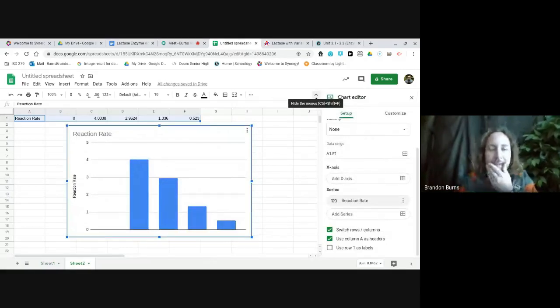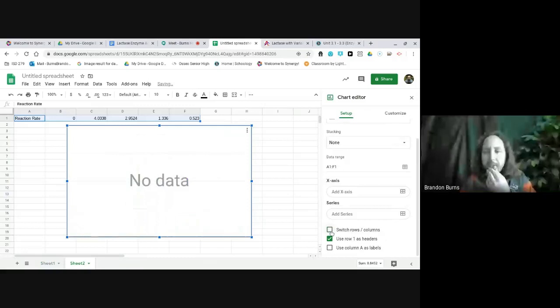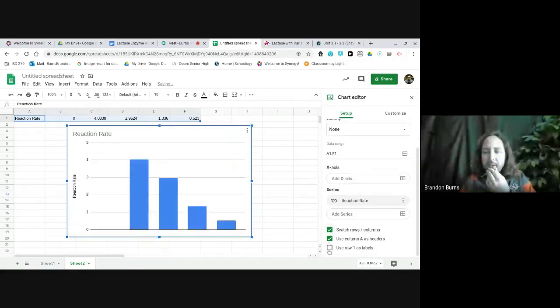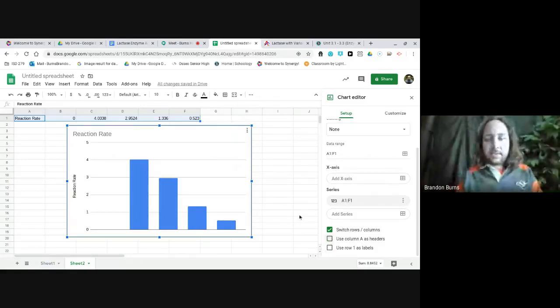Still showing up as... don't want to use column A as headers.